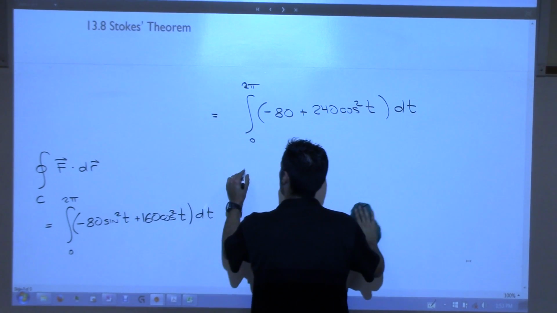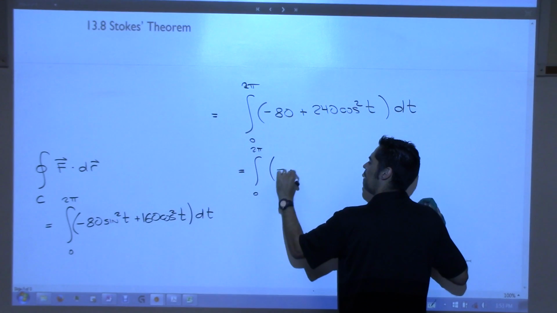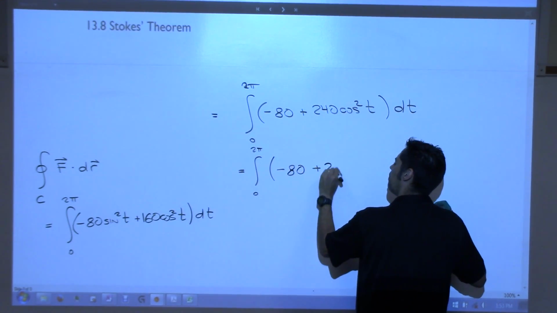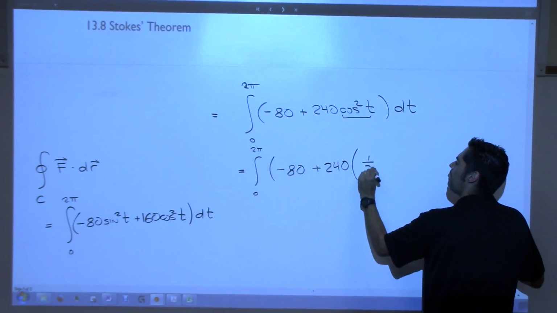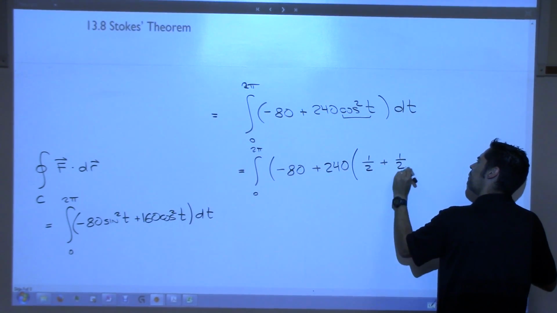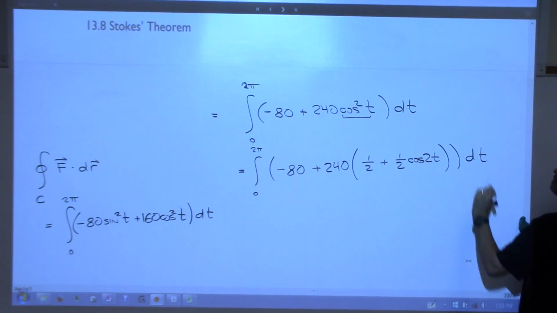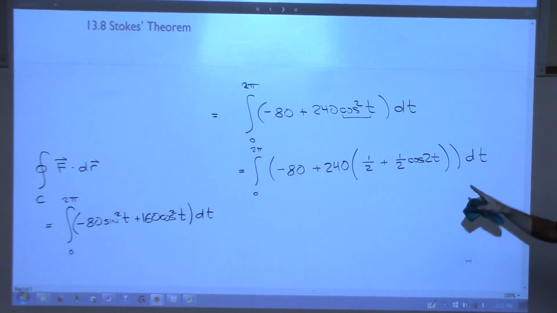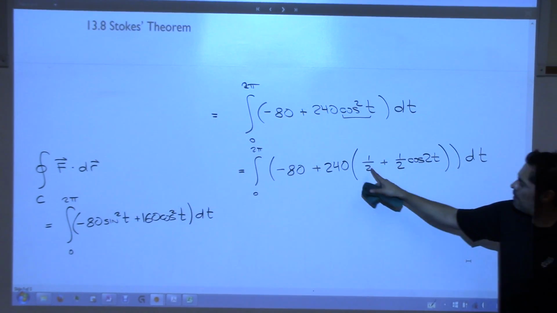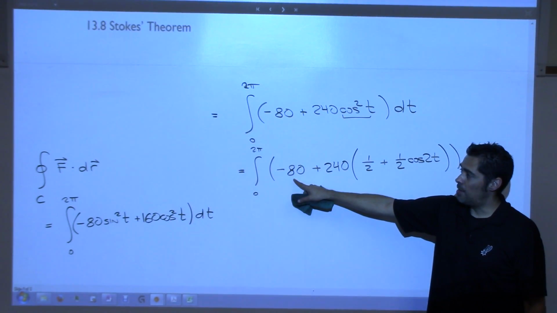Power reduce. So this is 0 to pi negative 80 plus 240, and then this right here becomes 1/2 plus 1/2 cosine 2t. That look familiar? You've done that a million times. Distribute the 240 through. So half of 240 is 120 and minus 80, 40?